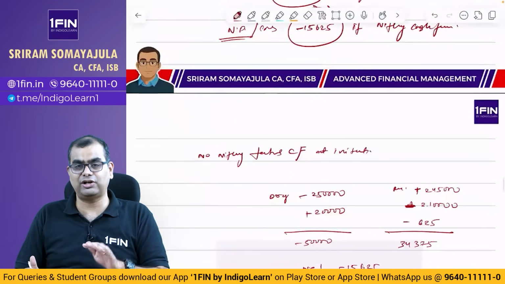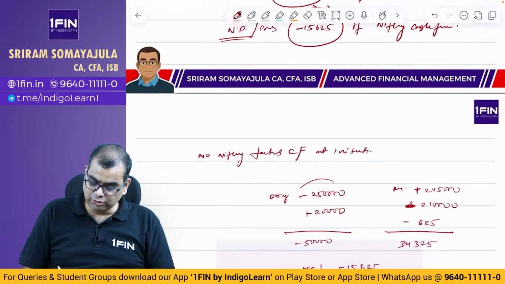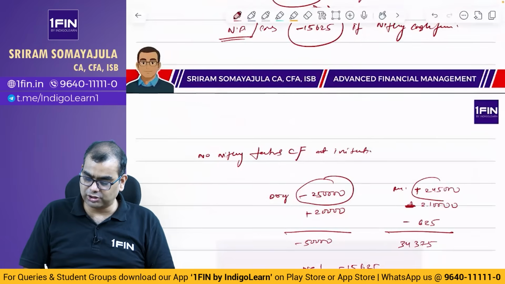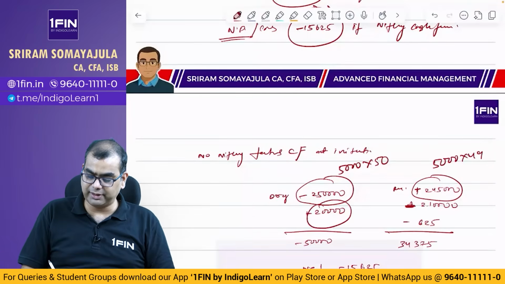Even if you do it logically, you'll get the same answer, but the computation will be different. Originally you made an investment of 2,50,000. Now you are going to sell it off at 2,45,000, because this is 5,000 into 49, earlier 5,000 into your 50. Then you made money of 2 lakhs, which is basically 80 into 2,500. Now you are buying it back at 84, same 2,500.